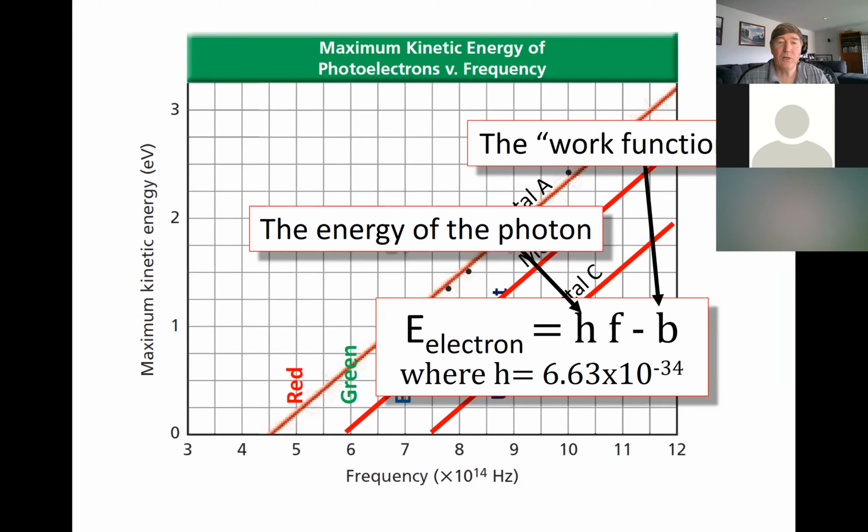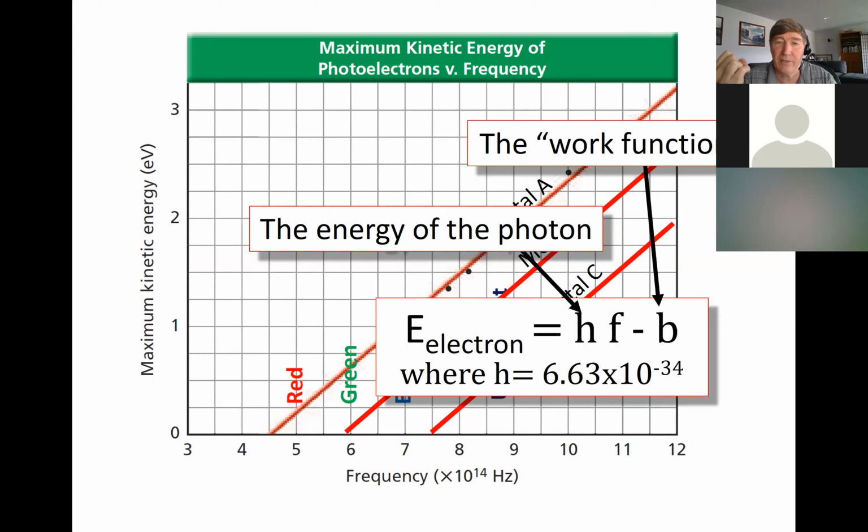Now we have the equation that relates everything together. The energy of the electron is equal to the energy of the incoming photon, which is given by HF, minus this value, which is called the work function. So the photon is going to have more energy than the electron. Let's keep it really simple: say the photon coming in has 10 energy units.